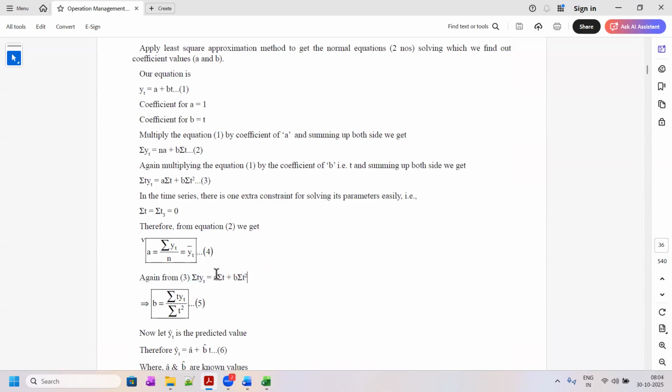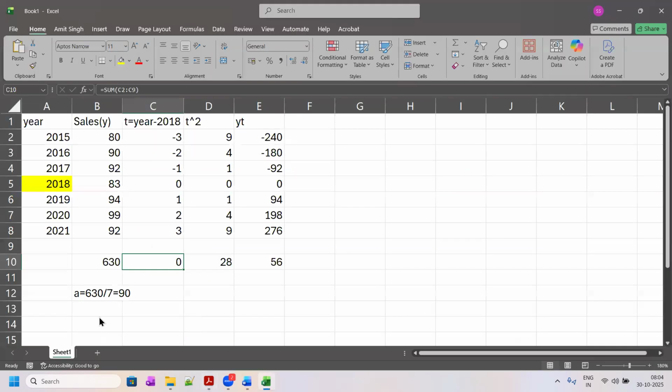What we did, we made the sum of t zero. So if the sum of t is zero, then this will become zero. Then what is your b? B is nothing but sum of xy by sum of x square. This is what we did. So your b is nothing but sum of xy, which is 56, divided by sum of x square or t square. This is nothing but 2.